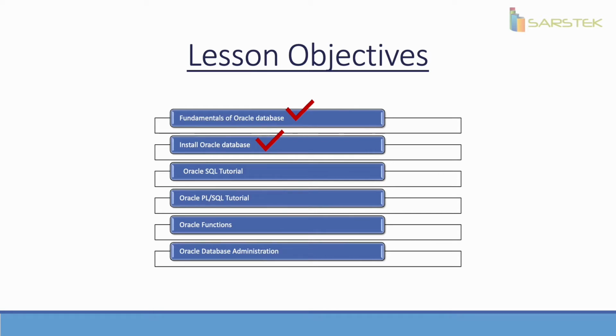We can install instant client of Oracle on the Mac machine. We can also install SQL developer on the Mac machine. So what we can do is install SQL developer on Mac machine and connect to the Oracle database server. So the database server can be installed only on Windows or the Linux server.